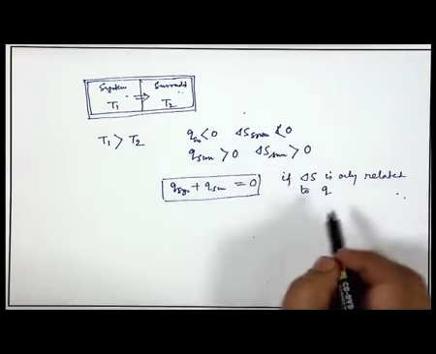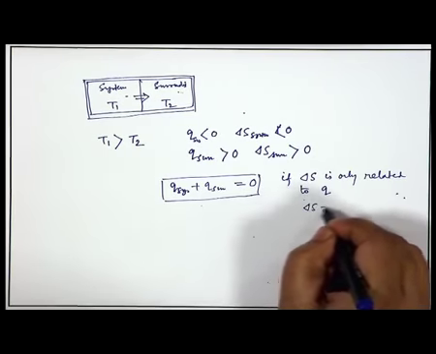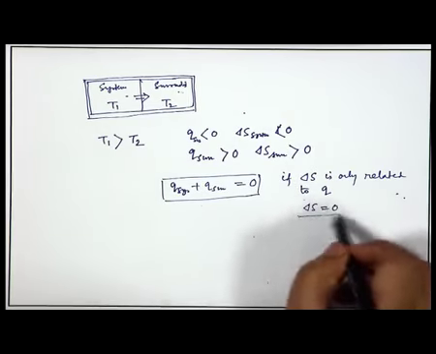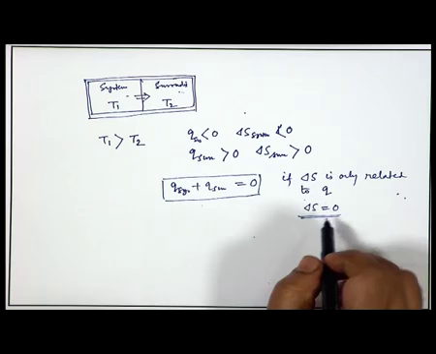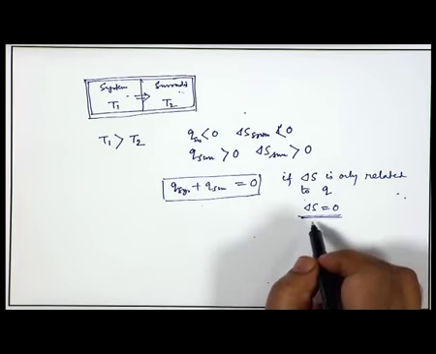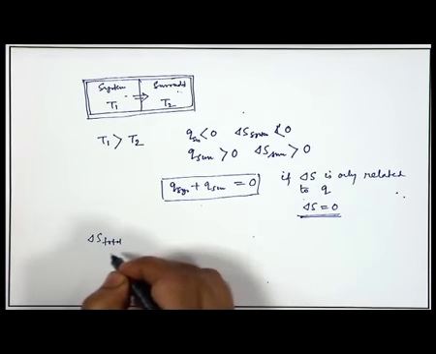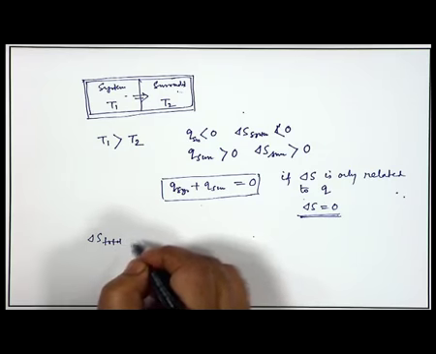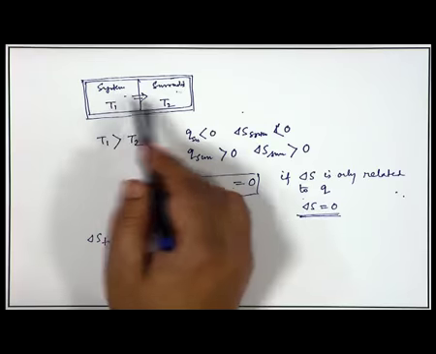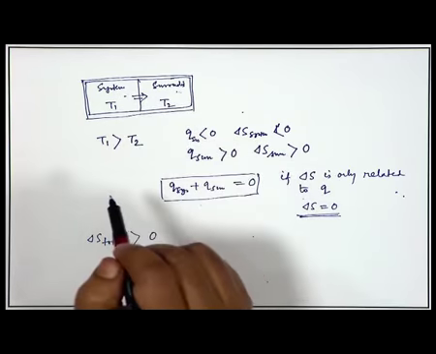Then in this spontaneous process of transfer, total delta S for system plus surroundings will be 0, which is not the criterion. We know that for a spontaneous process to happen, delta S total, for system plus surroundings, has to be a positive number.